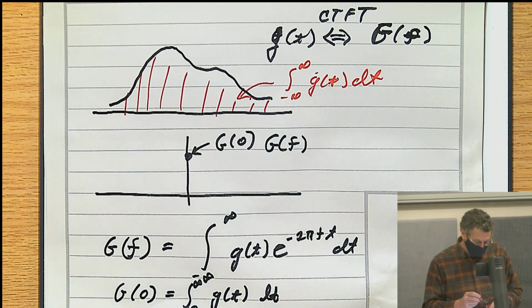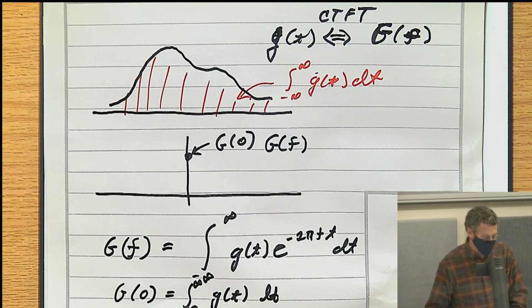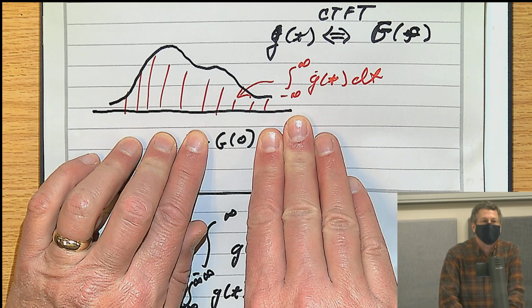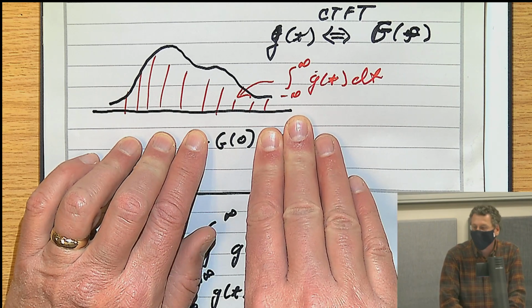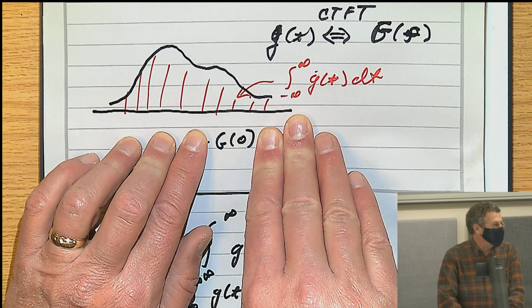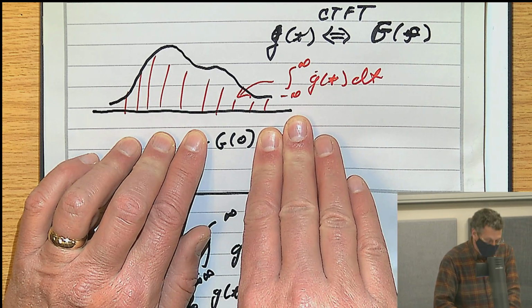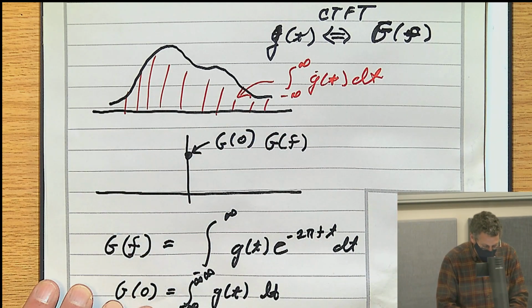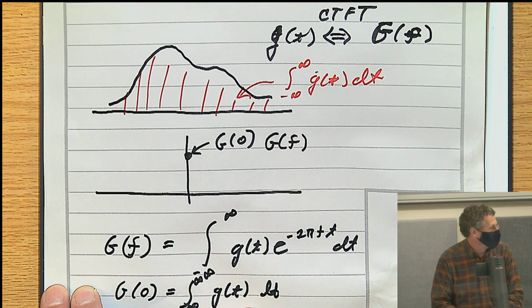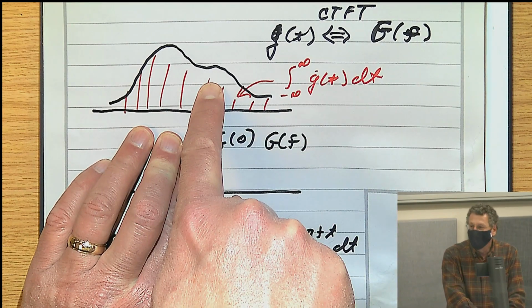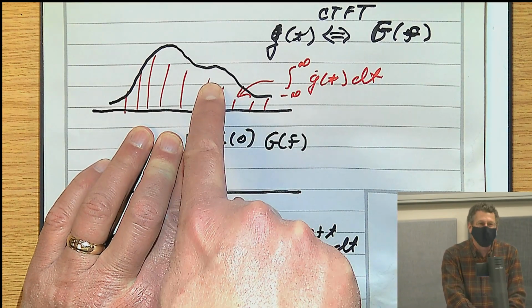So here's the thing that everybody in the class should know at the end of the semester. What's g of 0? The 0 frequency is right here, g of 0, and g of 0 is equal to this. So the 0 frequency is the area under the curve.